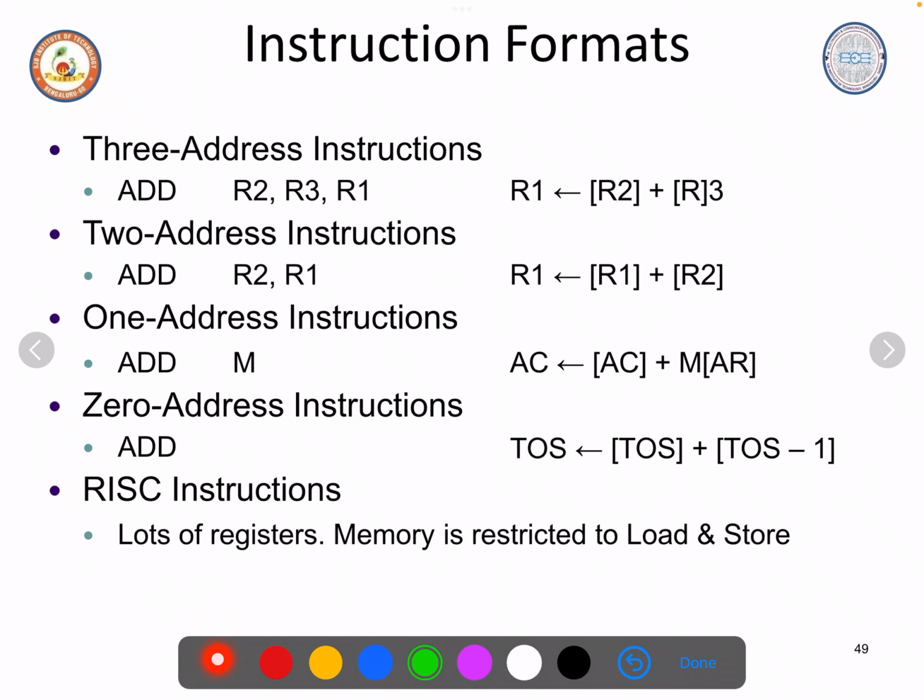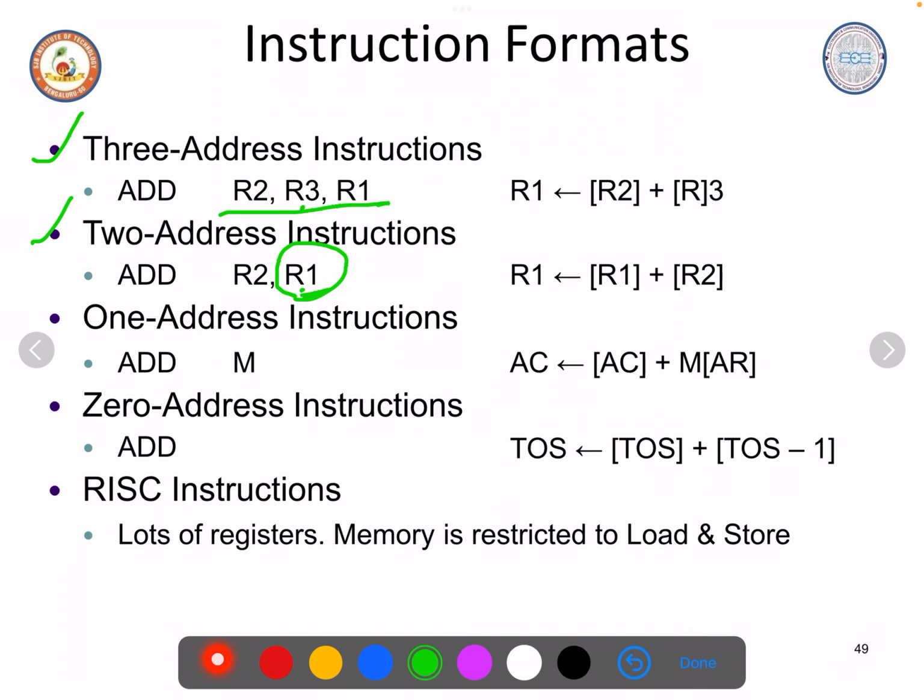These are the instruction formats. It is about three address instructions. You can observe here, the content of R2 and R3 were added and the result will be stored in R1. If it has to be specified in two address, the same addition operation, R2 contents are added with R1 and the result will be stored in R1 itself. This is the destination.